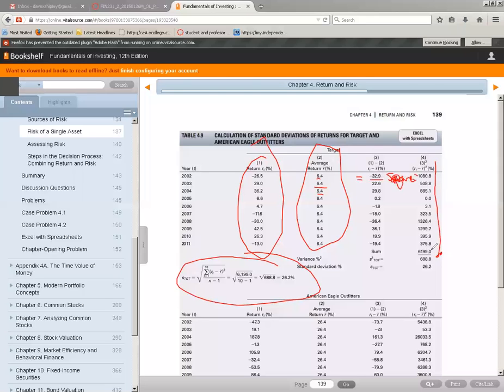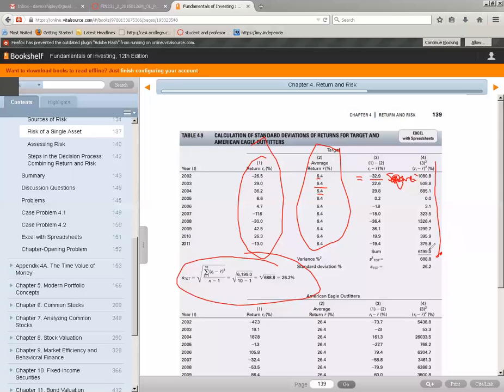Once we add them all up, okay, we divide by the number of periods minus 1, and that's very important. So in this case, it'll be divided by 9, right, because we've got 10 years, just like this example. So we'll total all those numbers that were the difference squared, over here on the right side column.